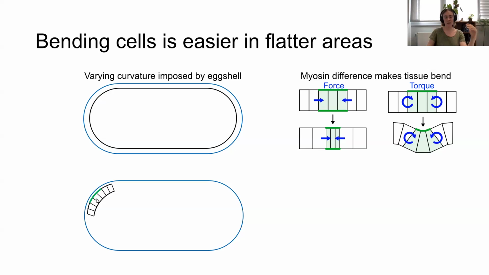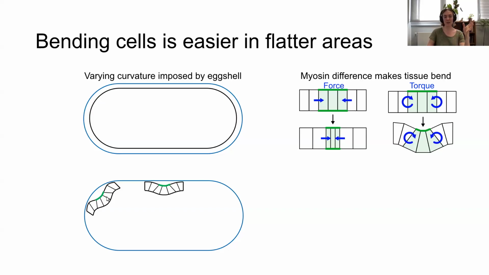These cells want to bend inwards, but they actually have to overcome the original outward bending of the embryo in order to reach their preferred inwardly bent state, as compared to cells in this flat region of the embryo that have a much easier time bending inwards and don't have to overcome this initial barrier.